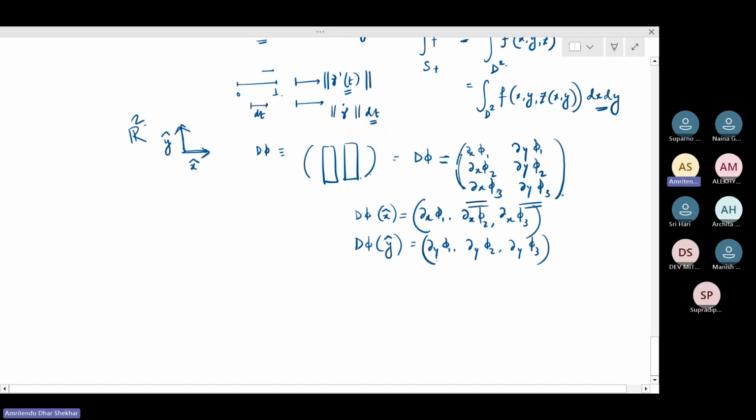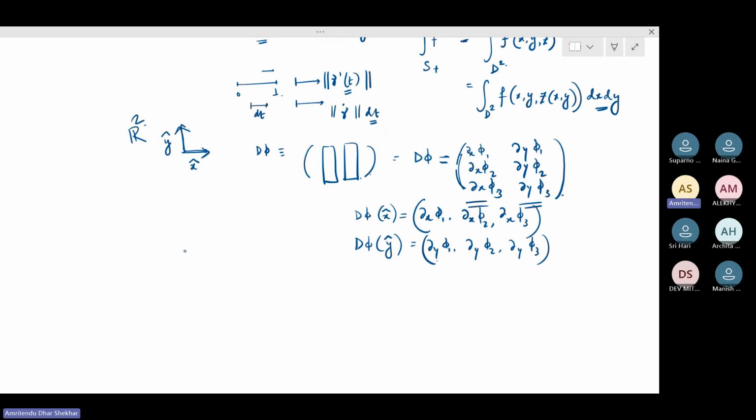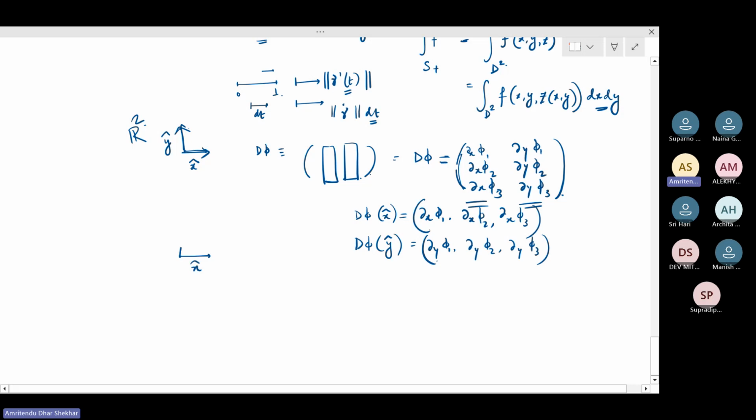Okay. So here, if you have x cap and y cap over here, then together they were forming a unit square, okay, whose area was 1. Okay.